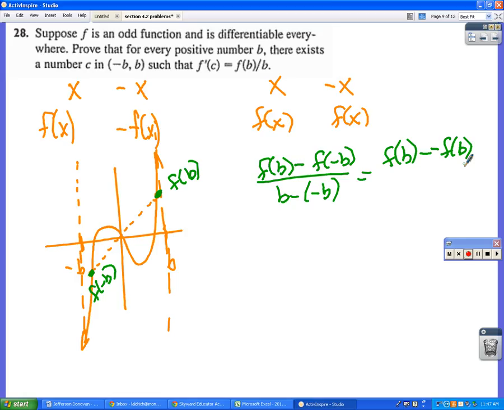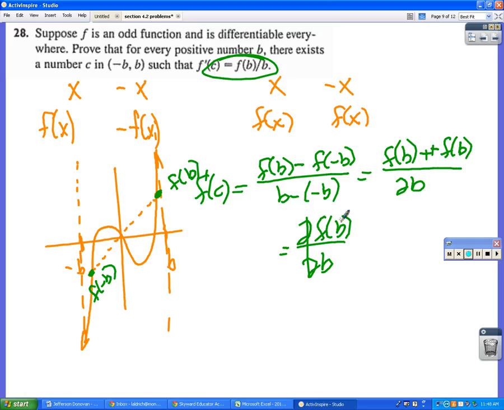Because f of negative b is negative f of b, okay? And then b minus negative b is 2b, right? And then the negatives cancel and make positives, so this would be 2f of b divided by 2b, the 2's cancel, and we have what we wanted to, okay?